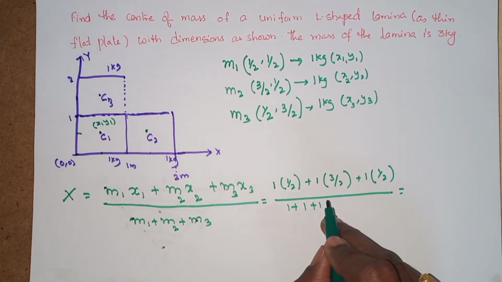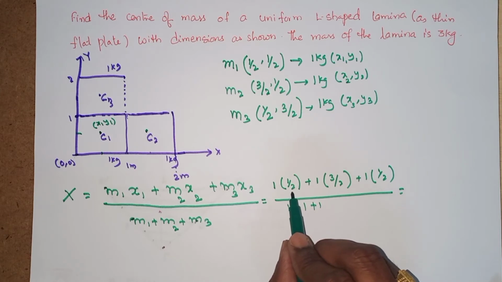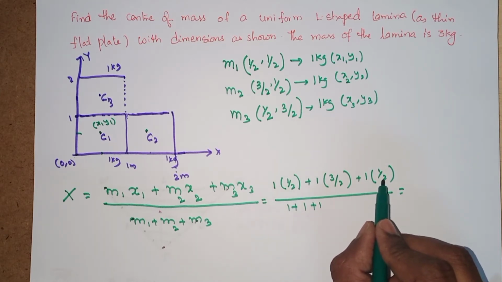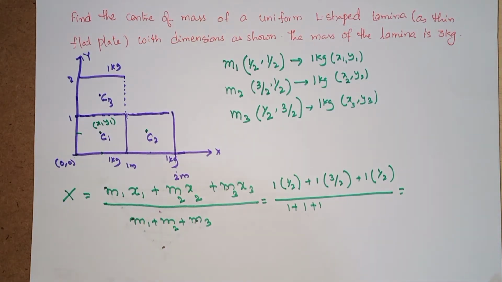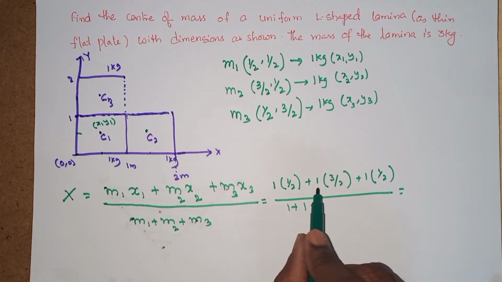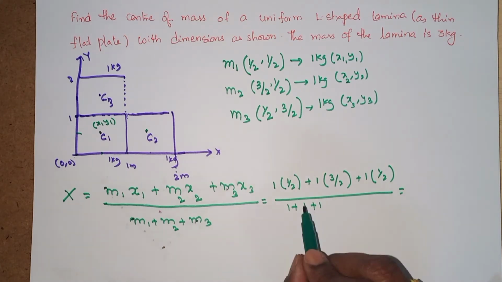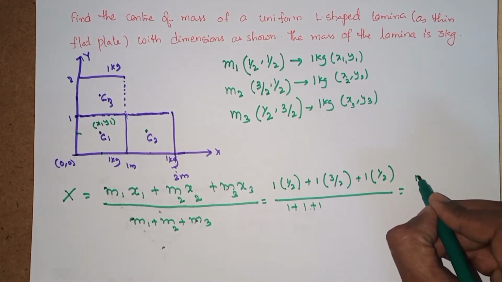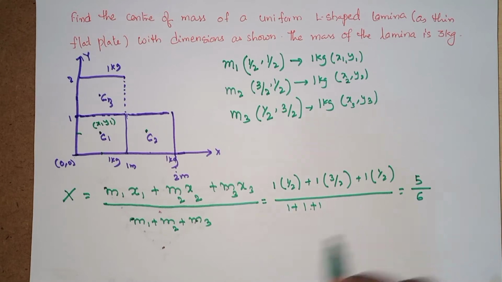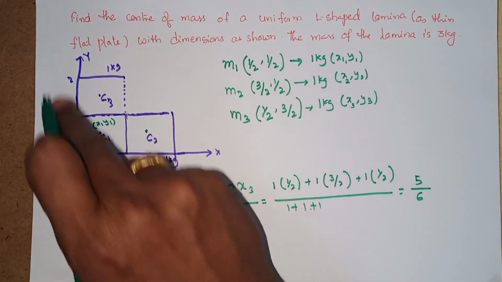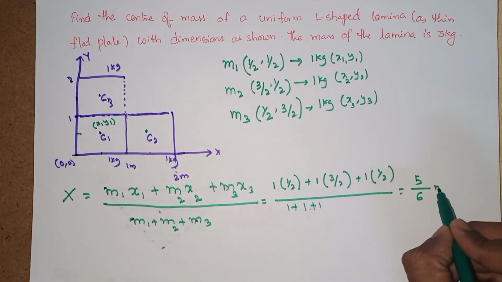This is 3. 1/2 plus 1/2 is 1. 1 plus 3/2 is 5/2. So 5/2 by 3, 5/6. Because we have taken meters, this is in meters.